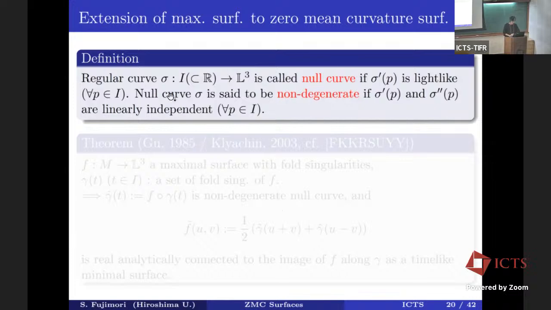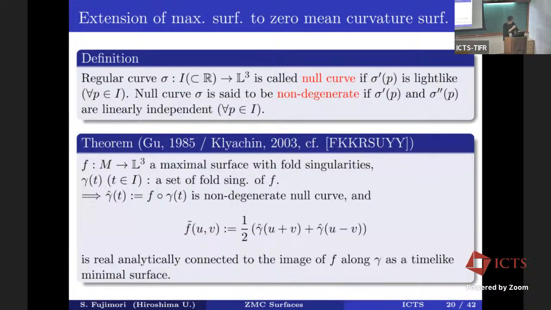A regular curve sigma in L3 is called a null curve if sigma prime is a light-like vector for any p. A null curve is said to be non-degenerate if the first derivative and second derivative are linearly independent for any p. So the velocity and the acceleration are always independent.